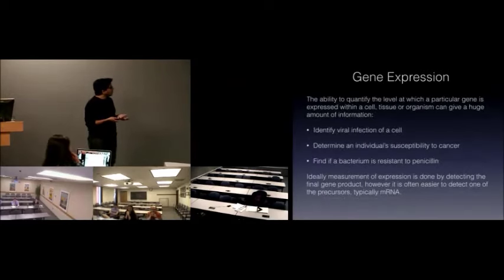And so with gene expression, well, you can study all kinds of things. You can identify viral infections in a cell. Sometimes viruses insert themselves into the genome, and if they're expressing a particular protein, then you can capture that with RNA-Seq.